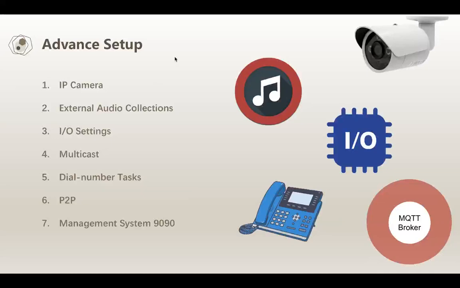In the next setup, I will show you the more advanced setup, such as how to use IP cameras, how to use our external audio connections, how to use the I/O settings, multicast, etc. For the first four, the IP cameras, audio connections, I/O setting, and multicast, I actually recorded the video.